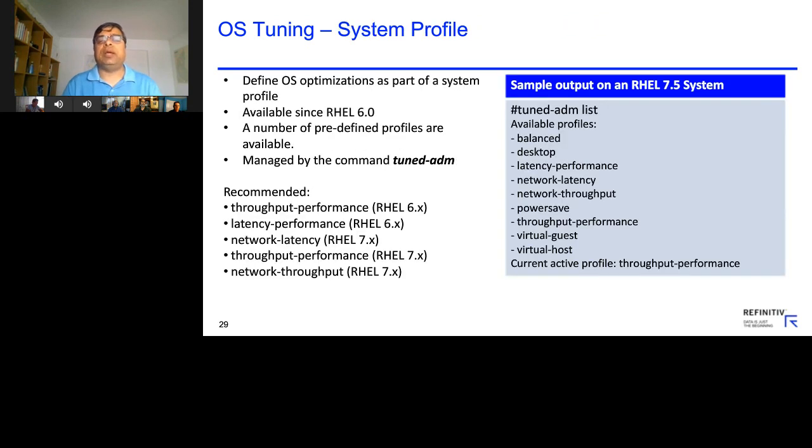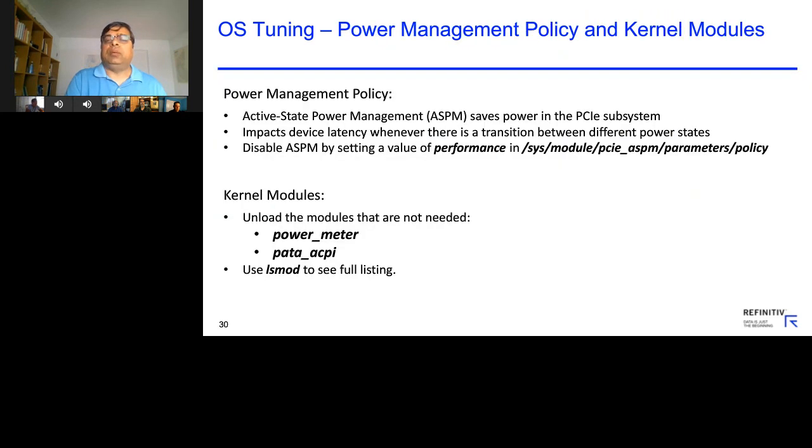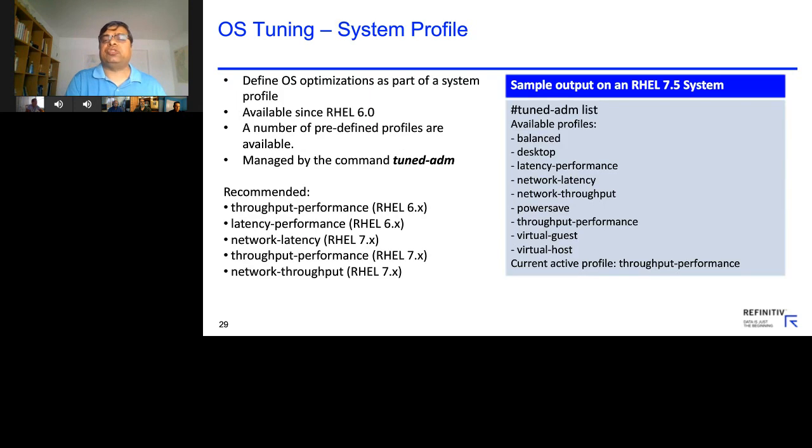So, the system profile at the OS level has been there since 6.0, as I mentioned, managed by the tuned-adm command. The slide was talking about the various profiles that exist, balanced between power and throughput.